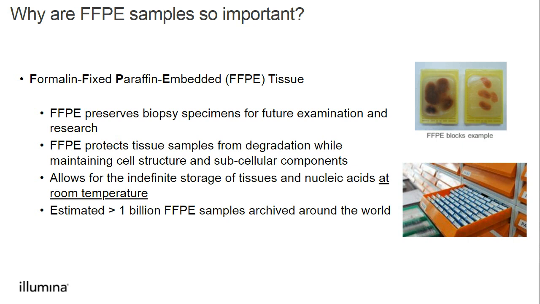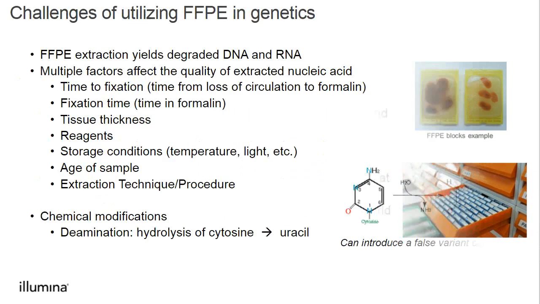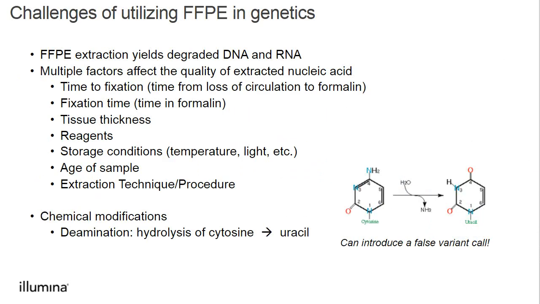So the question is, how do we adapt this sample type for next-gen sequencing? Some of the challenges in utilizing FFPE in genetics come from the fact that extraction of these nucleic acids yields degraded DNA and RNA. This degradation and damage that occurs can lead to variability among our samples.